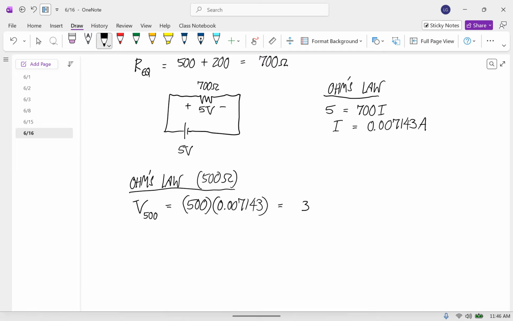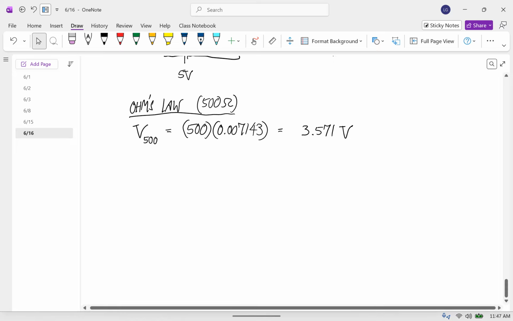And that is 3.571 volts. Now we'll do the same thing for the 200.